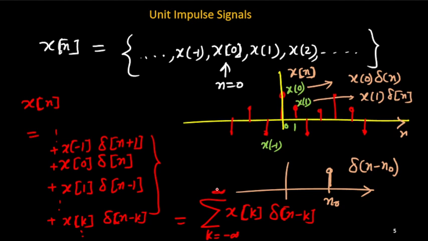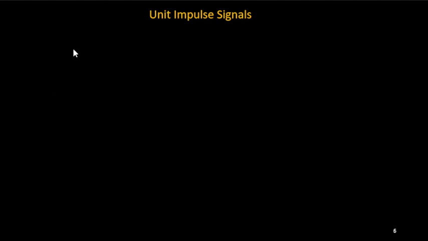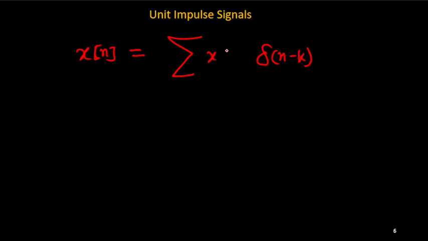So you can see that any sequence we can represent in terms of only delta k, combination of delta k. This is very, very useful concept. So what I am saying is that any sequence x[n] we can write as a combination of del n minus k, and these samples are nothing but x of k.